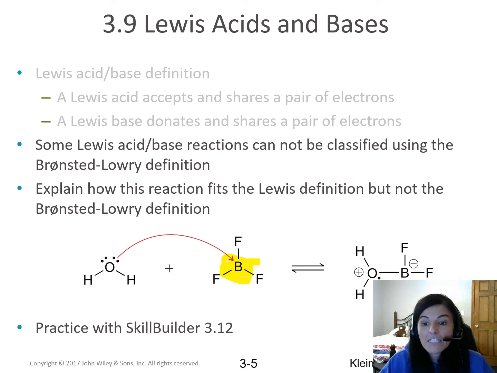Now, that fits the Lewis definition, but it doesn't fit our Brønsted-Lowry definition. The water molecule is donating and sharing its pair of electrons, and so it is now acting as a Lewis base. As you can see, the Lewis acid and Lewis base definition is quite different.